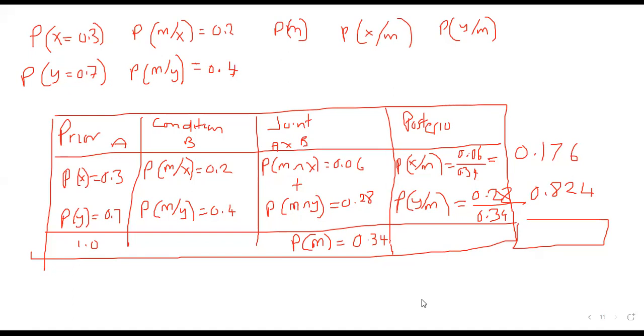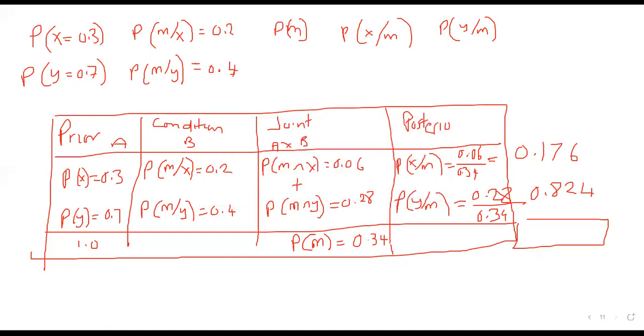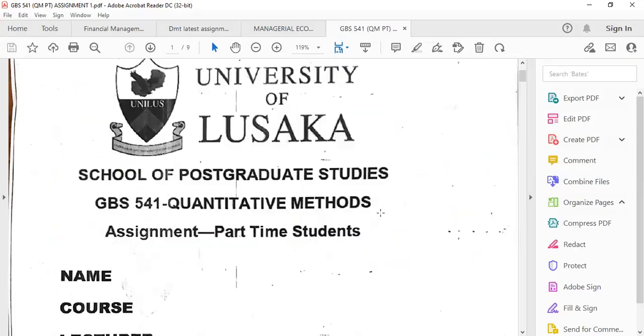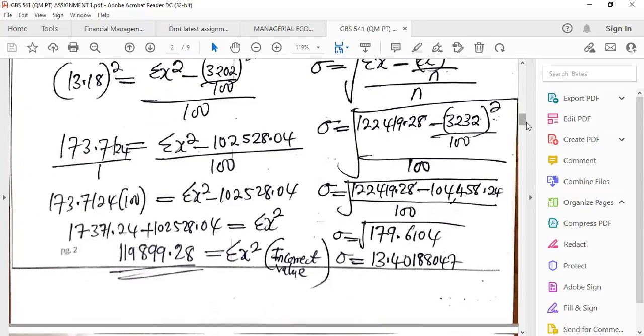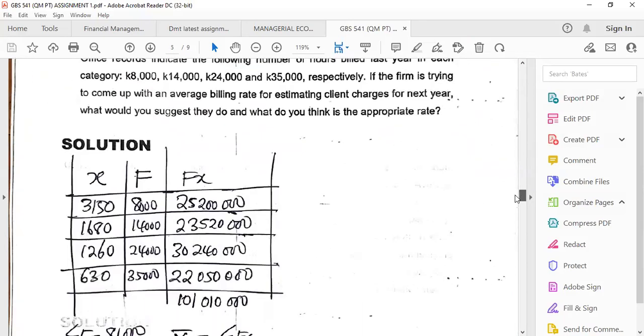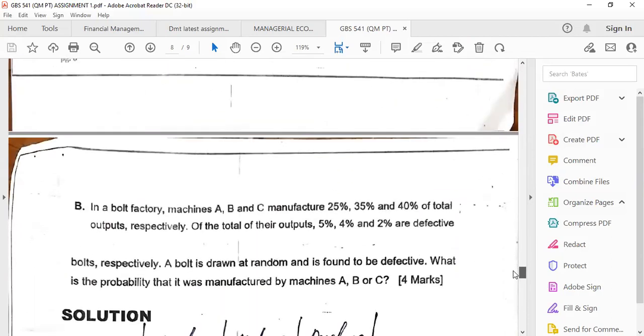So we can now apply this principle with the assignment we had for the part time. Let's see whether question number... just use the same application. Let's apply it religiously.